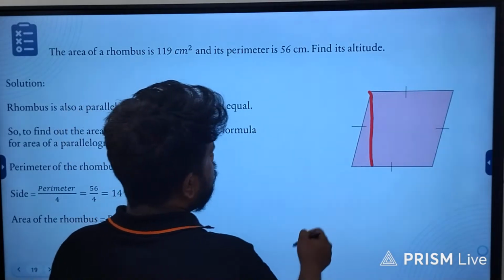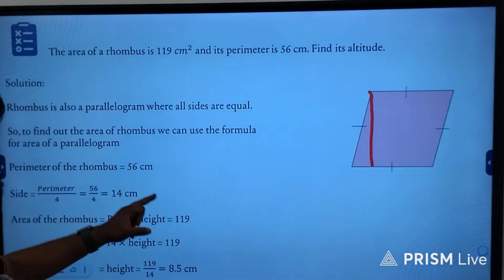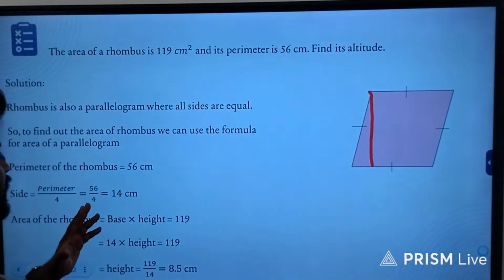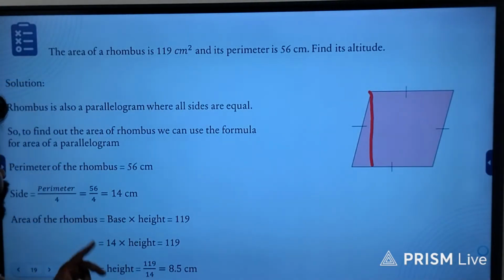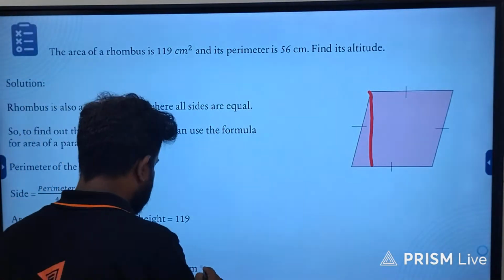So this will be the height of the rhombus, and base into height is 119. So from that we will get the value of the height, which will be 8.5, this one.